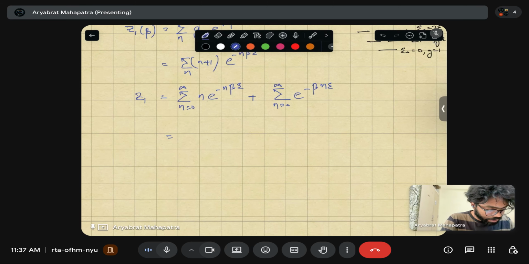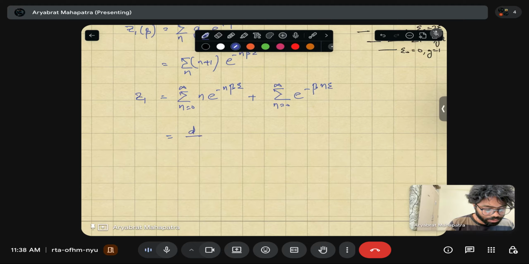If you can see, there will be an advantage if you write it in a slightly modified form. Suppose I write the first term in terms of a derivative.